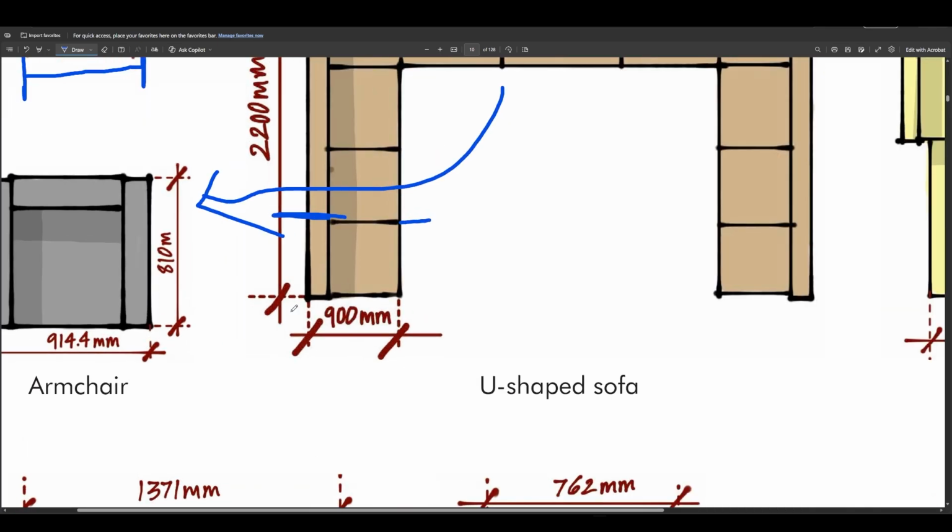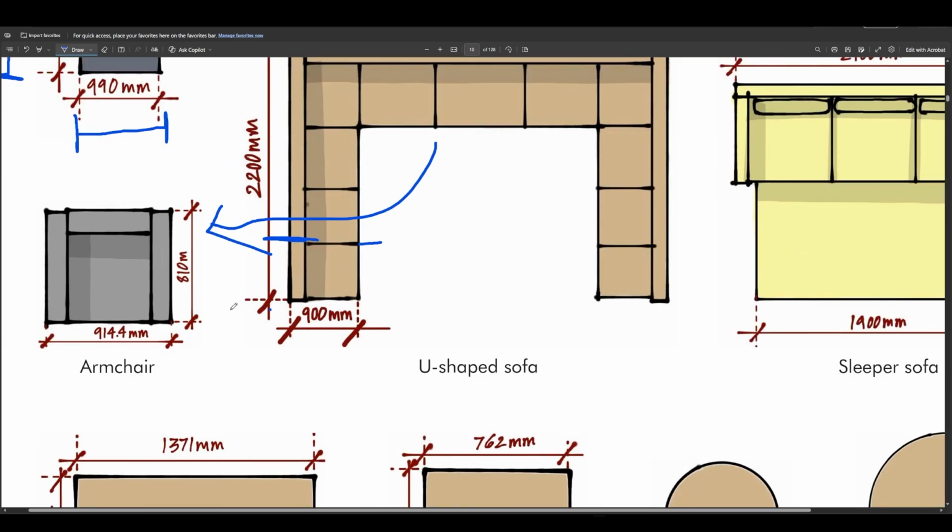So an armchair, the minimum, a single unit is like 900 mm by 800 mm. So you should know these in feet and inches also.